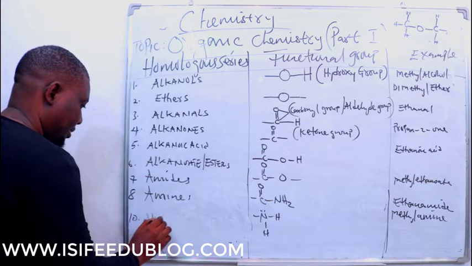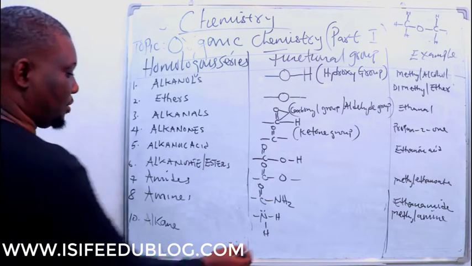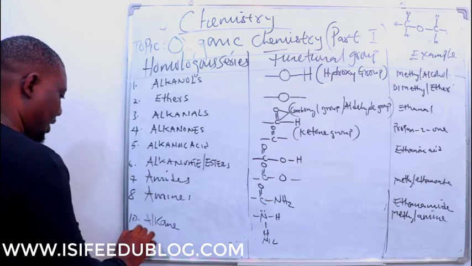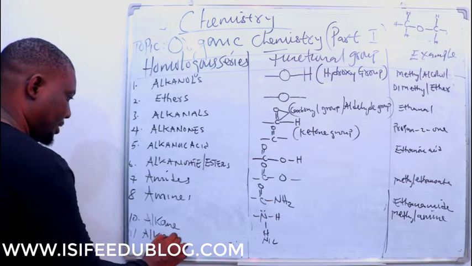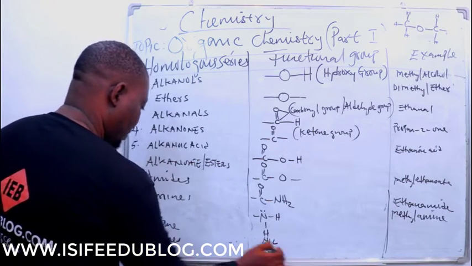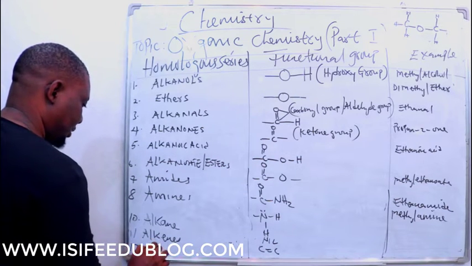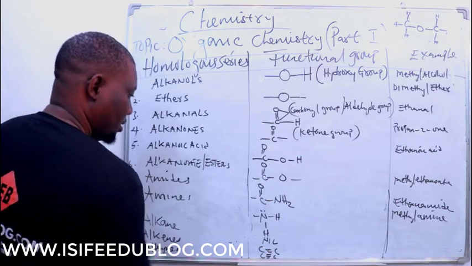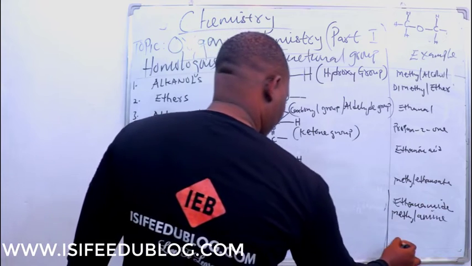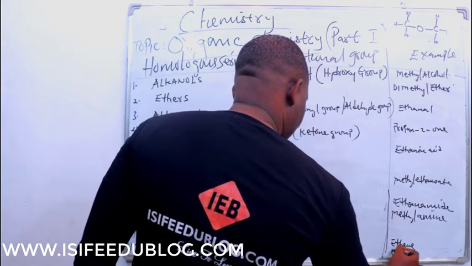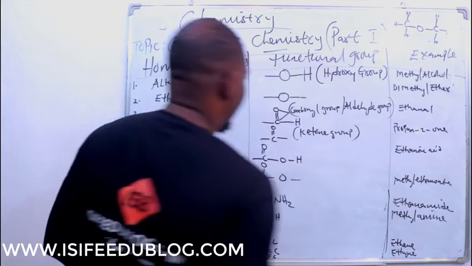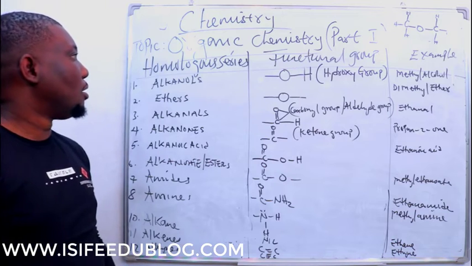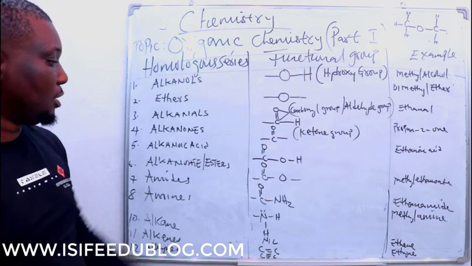Alkanes is one organic compound that does not have any functional group. Alkenes is carbon double bonds. Alkynes is carbon triple bonds. An example of the alkene, the simple one I'm going to use, is ethene, and ethyne. These are a few common homologous series or families of organic compounds with their functional groups.